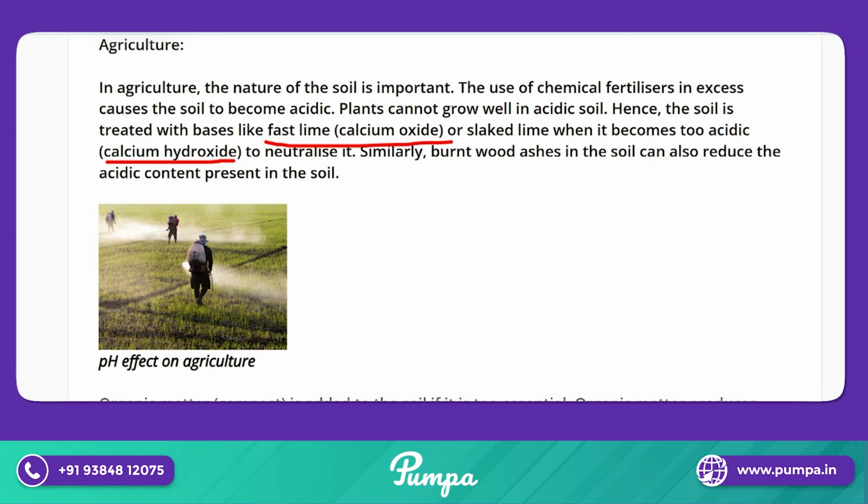Plants like the soil to be at neutral pH. Too much acid can harm their roots and stop them from growing properly. So by adding these bases, the soil pH is balanced, and the plants can grow strong and healthy, correct?